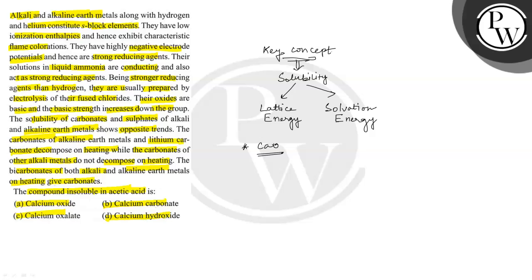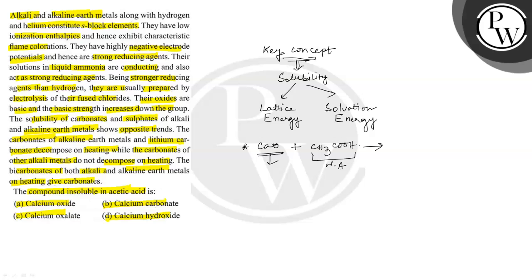Option A is calcium oxide. Acetic acid, CH3COOH, is a weak acid. This is comparatively a base type of compound.